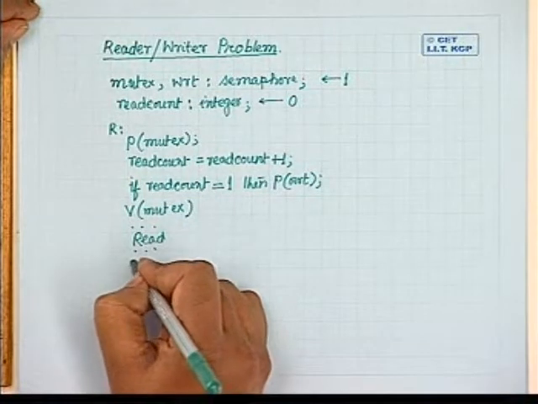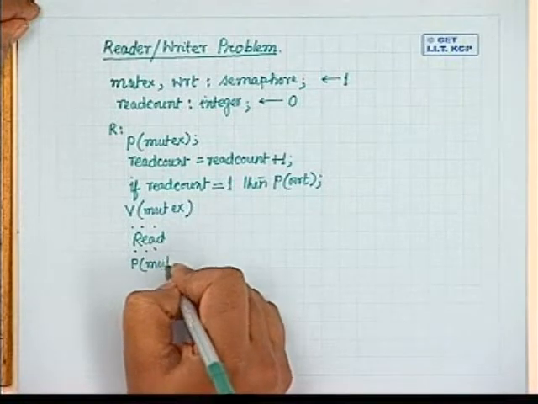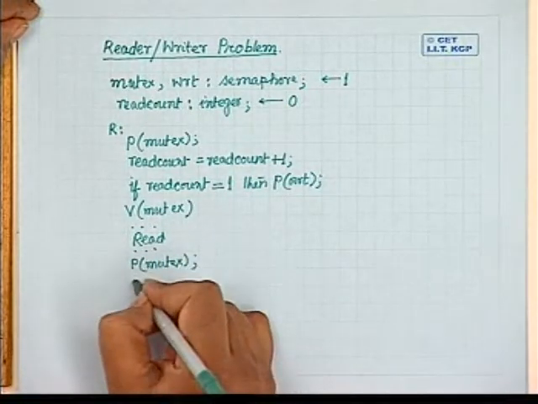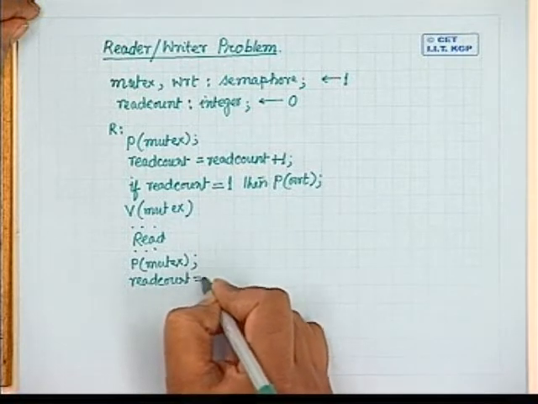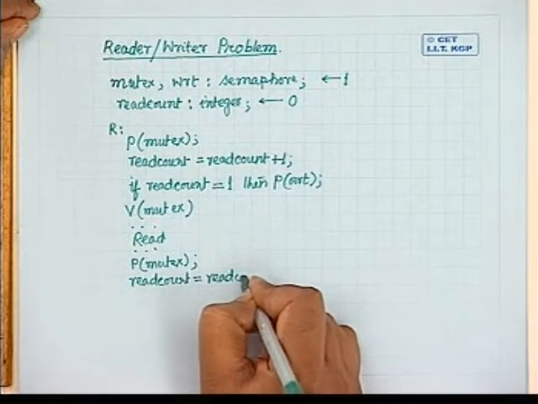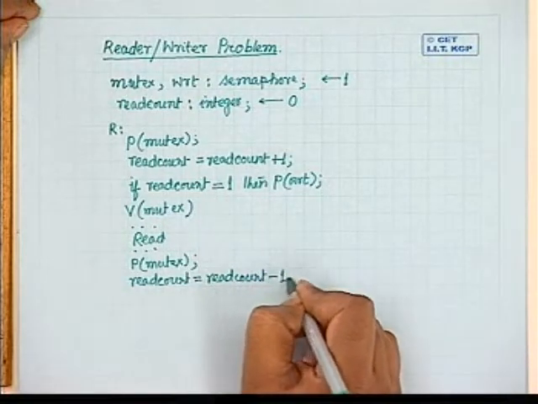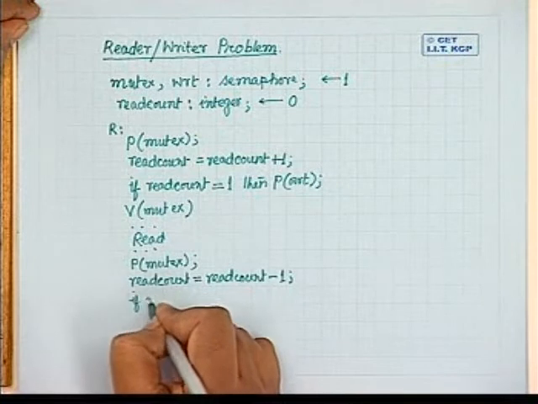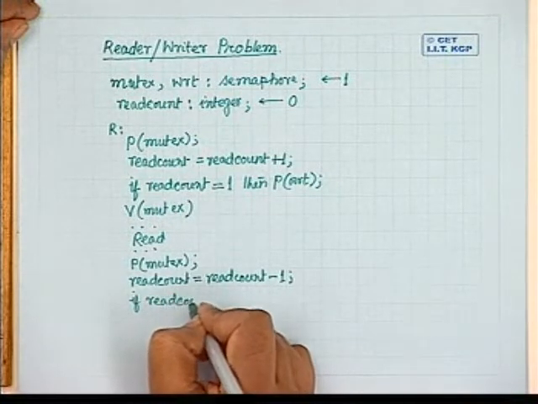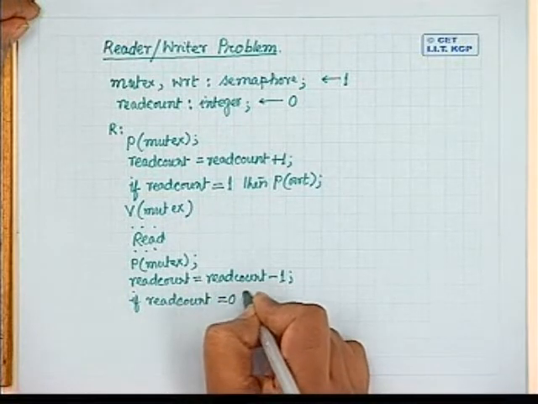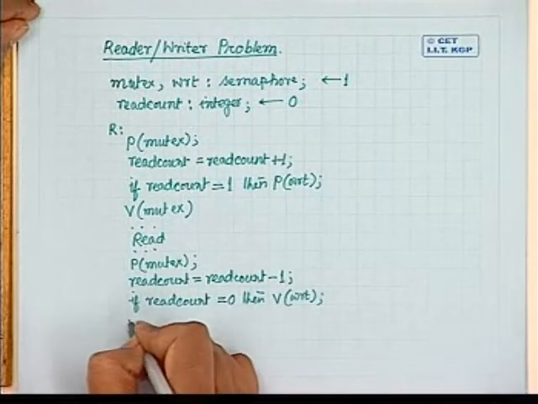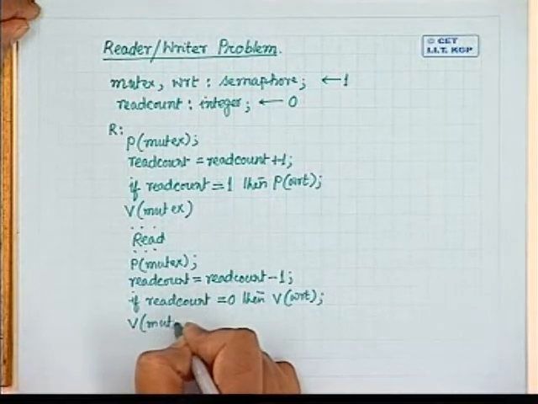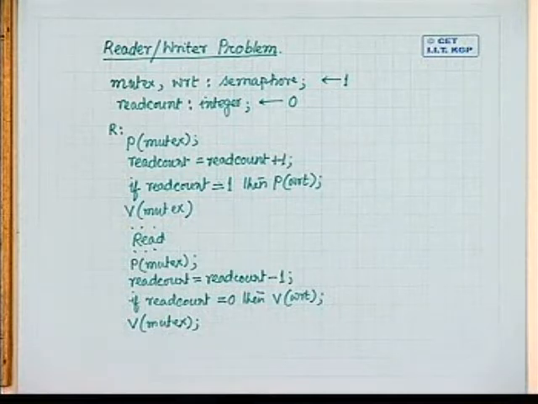Then at the end, it will again perform p mutex operation, decrement the read count, okay. So this will be the structure of a reader process.